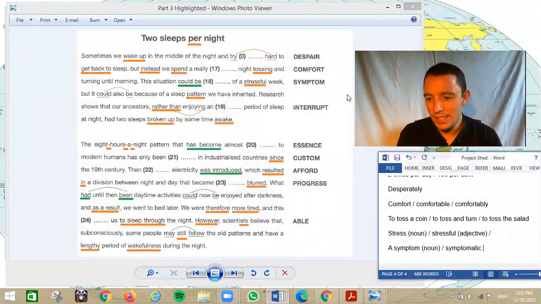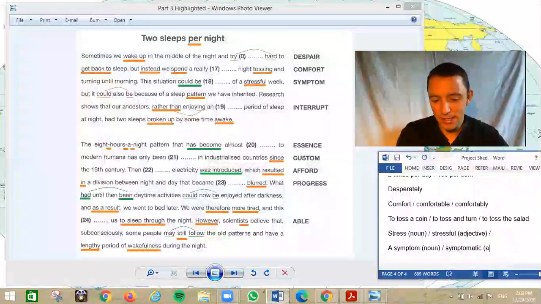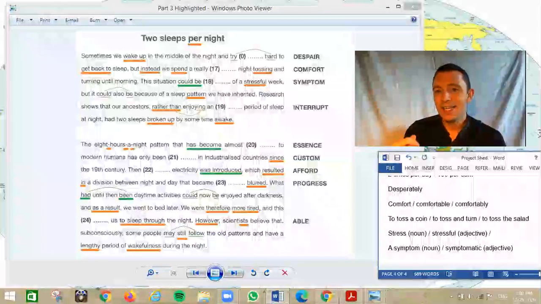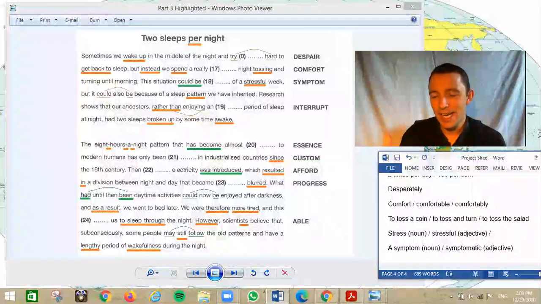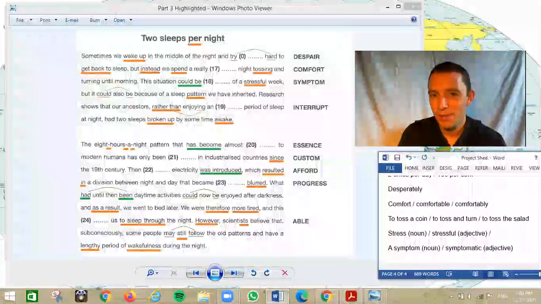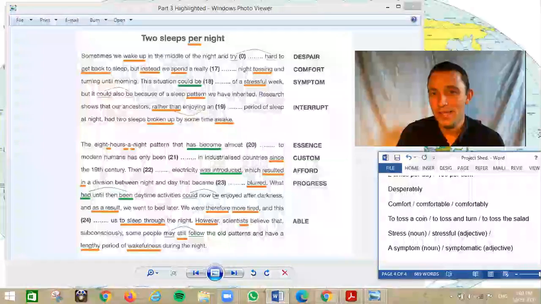So I'm just going to show you that's the correct adjective in this situation. It's a little difficult, and it's not easy. The best advice is it's probably necessary to understand as much vocabulary as possible, okay? So here it's a little bit difficult, and the correct answer is symptomatic, okay?